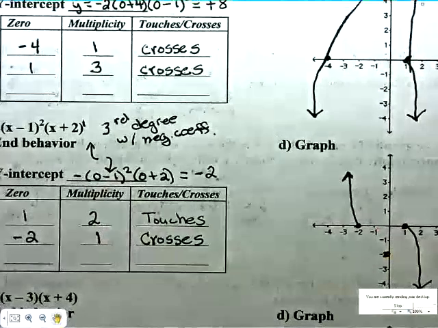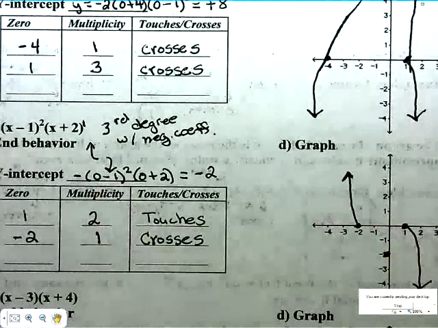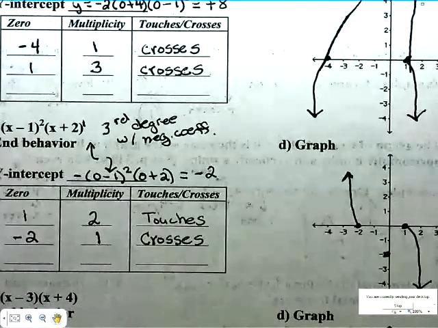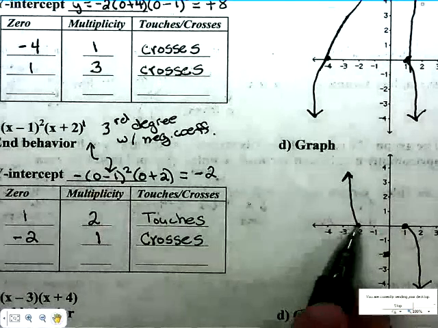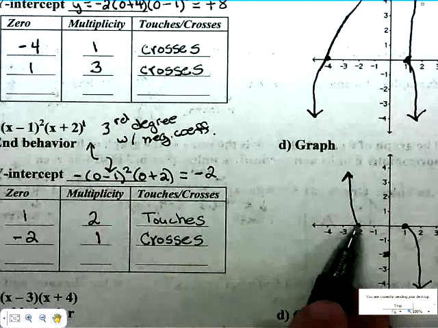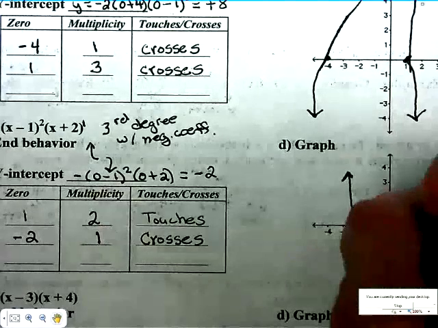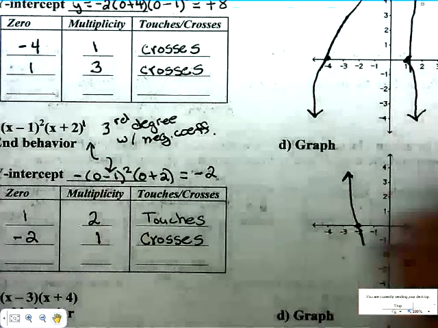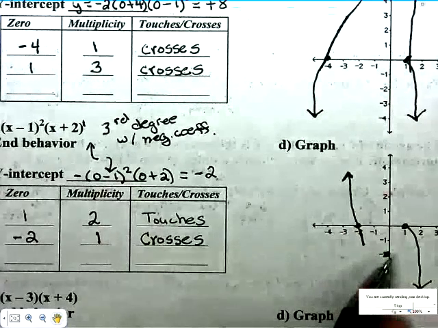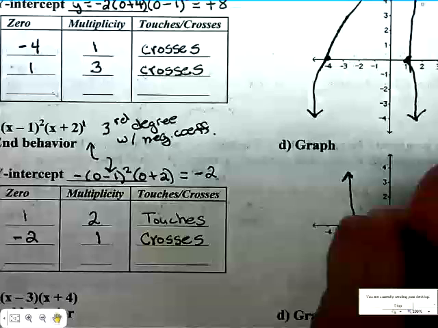All I need to do now is figure out if there's 1 or 2 squiggles in the middle. What does the graph do at -2? Oh, yeah, at -2 it crosses. It has to have this y-intercept. The graph may go on down below that.